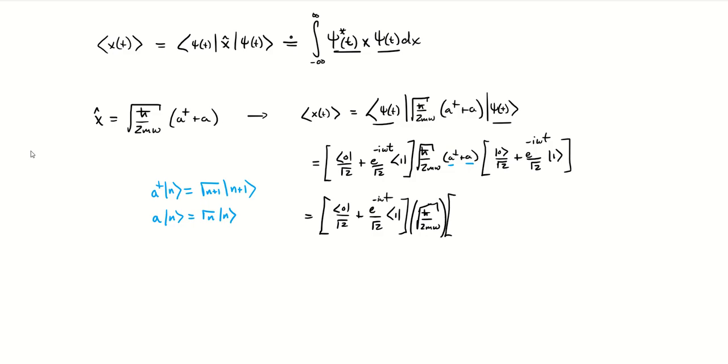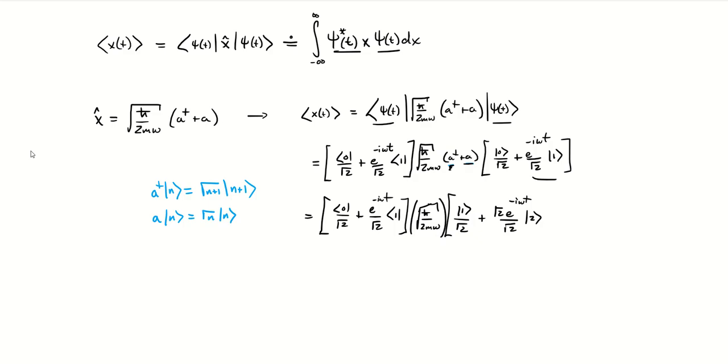So this raising operator acting on the 0th state gives us root 1 times the 1 state. So this is just 1 over root 2. Acting on this term gives us root 2 times e to the negative i omega t over root 2 times the second ket.